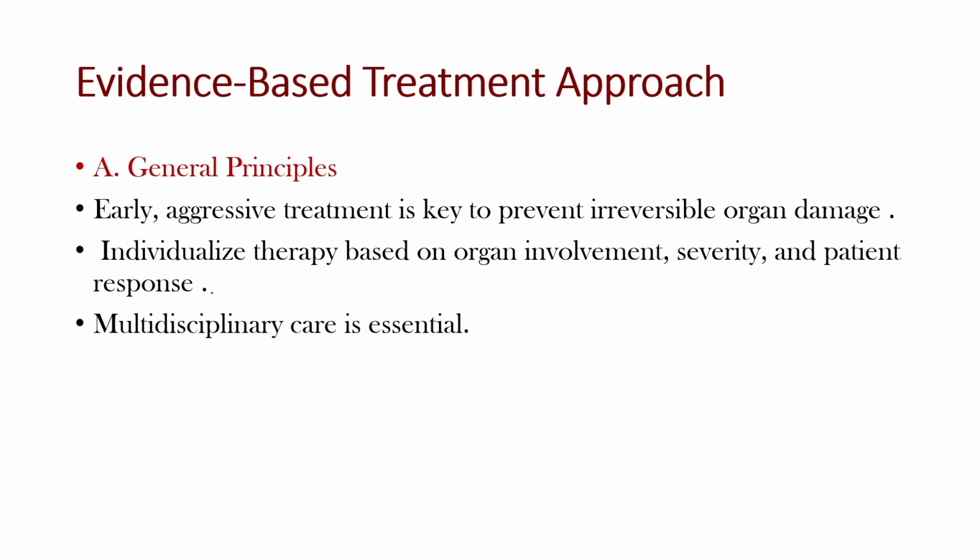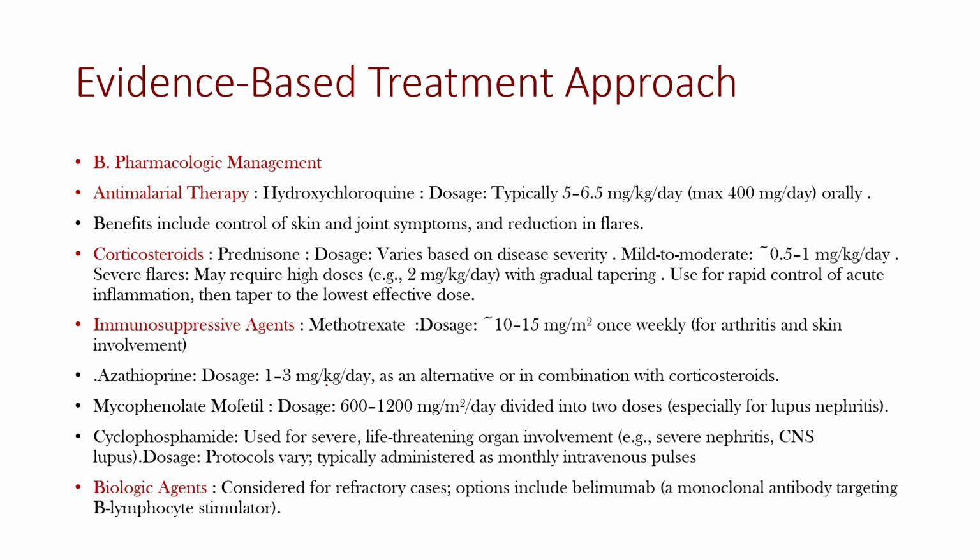For the treatment, first of all, some principles. Early aggressive treatment is key to prevent irreversible organ damage, and multidisciplinary care is essential. For pharmacologic management, antimalarial therapy like hydroxychloroquine is good because it controls the skin and joint symptoms.